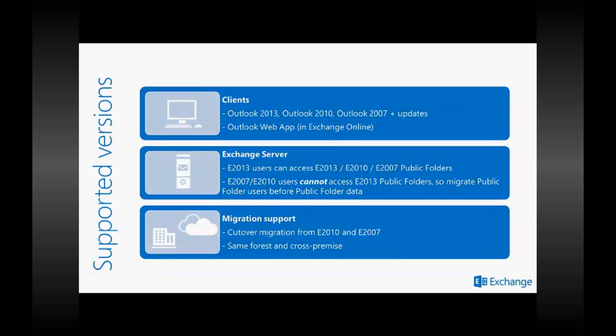So migrate the users to 2013, and then we'll actually do the migration from the legacy to 2013 for the public folders. So migration support, again, we will talk more about this, but we can cut over from 2007, 2010 to 2013, and we'll run through the steps of how we would do that.